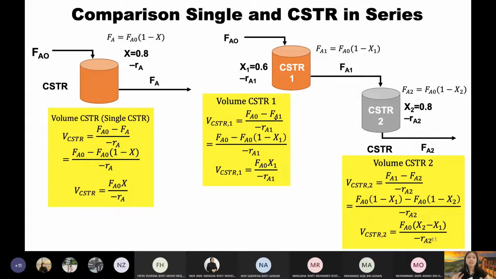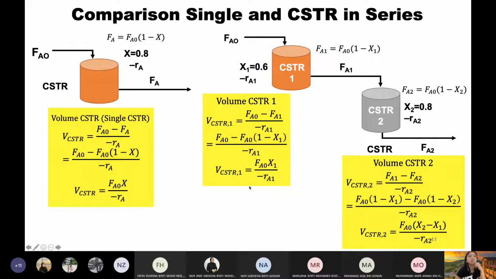So if the equation has no X, it can't work; there must be X in the equation. That's why we express FA1 in the form of conversion, FA0 (1 minus X1). So I replace my FA1 with FA0 (1 minus X1), divided again by minus RA1. You will eventually get the volume of reactor 1.